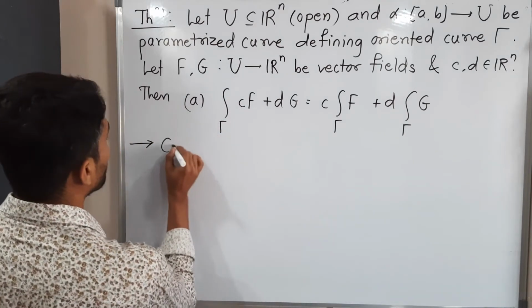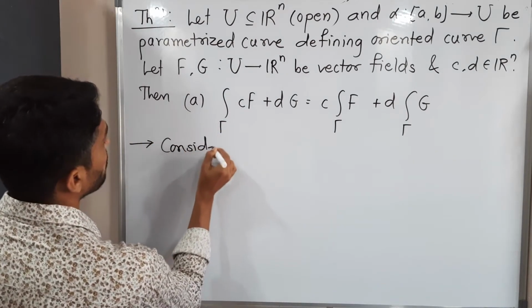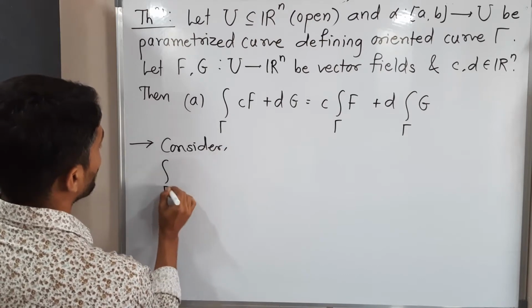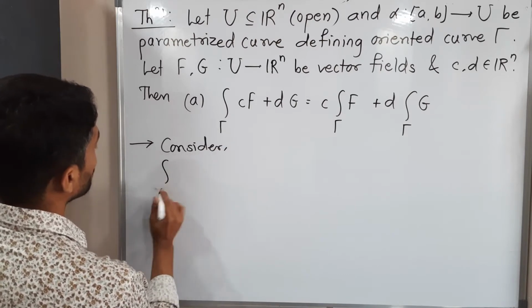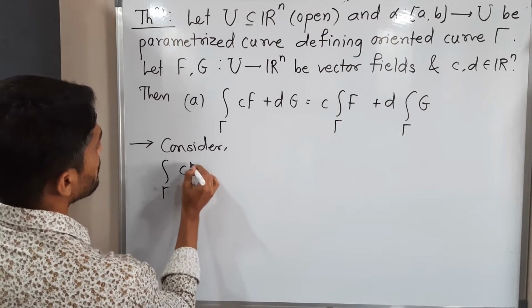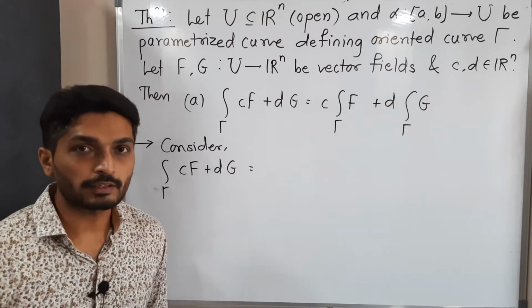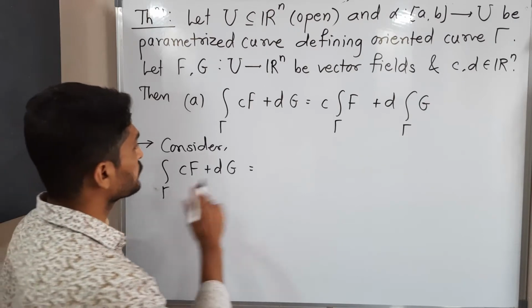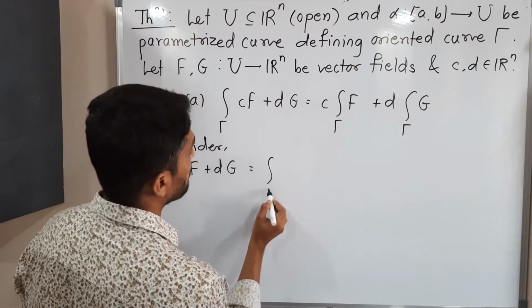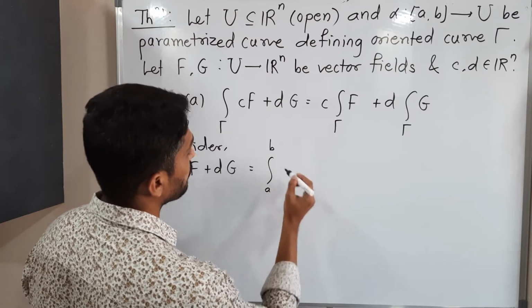I will start with the left hand side. Consider the integral over gamma of cF plus dG. I will simply follow the definition here. Parameterization of gamma is alpha on closed interval [a, b], so limits of this integral will be a to b.